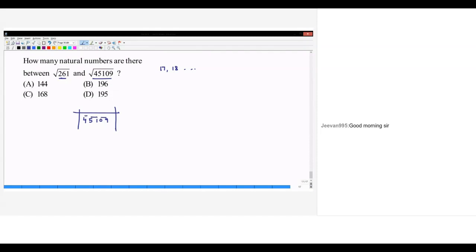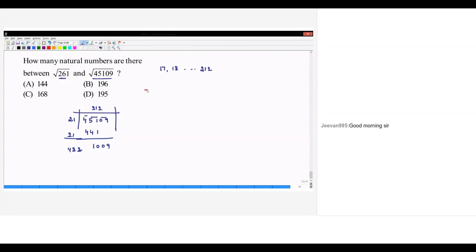So I'll take three numbers at a time. We know 21 times 21 is 441. So before this I'm going to get 2s. Therefore the last integer is 212. The square number before 45109 is 212, right?